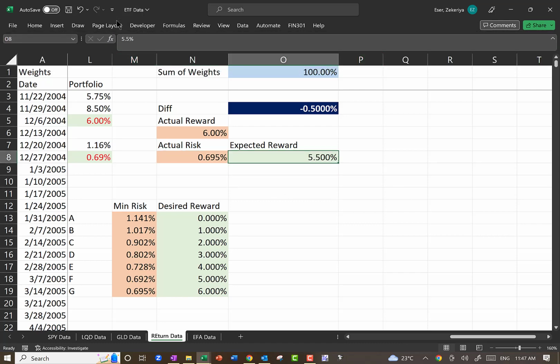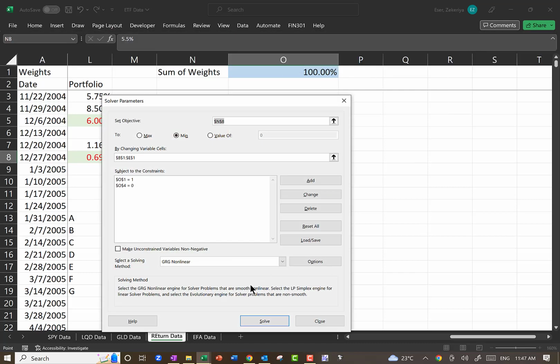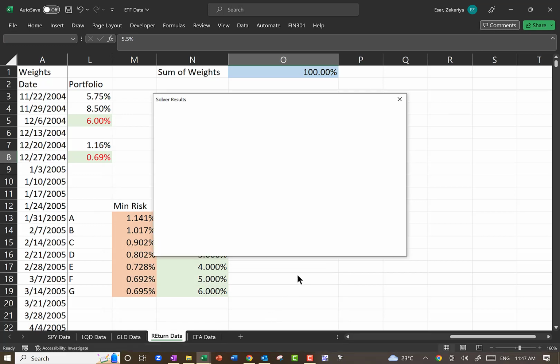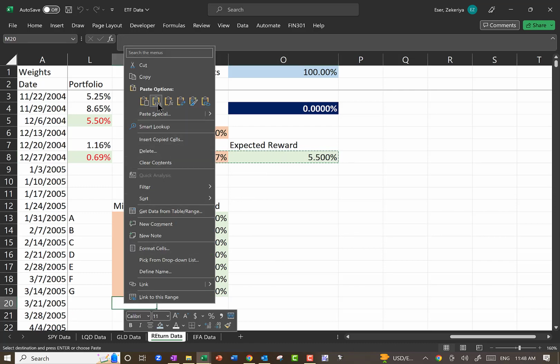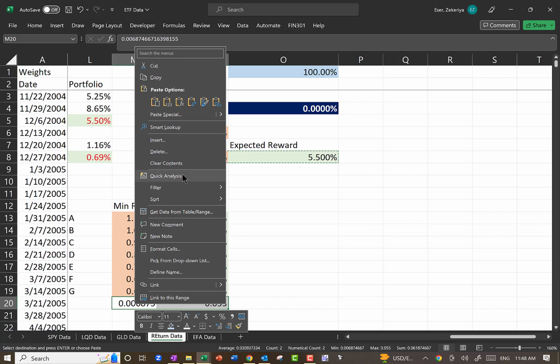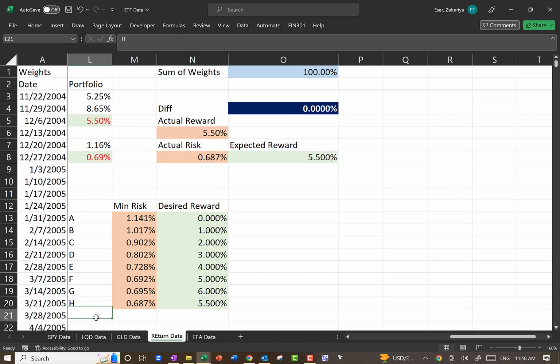Let's try 5.5. Data, Solver, Solve. How about now? Can I say that F is indeed inefficient?